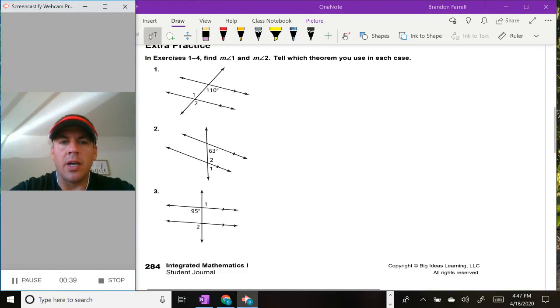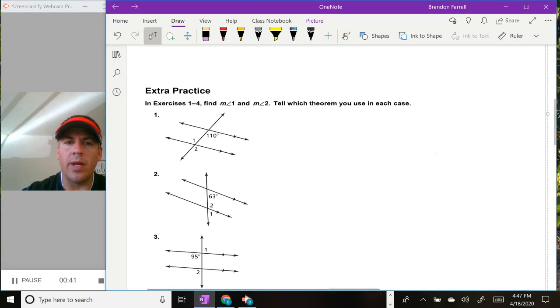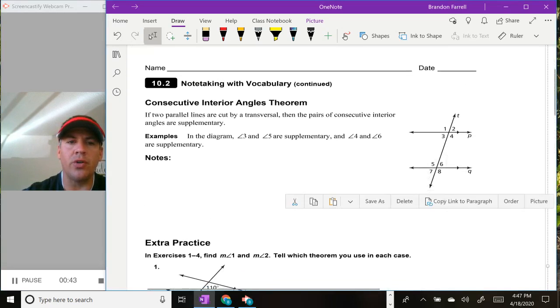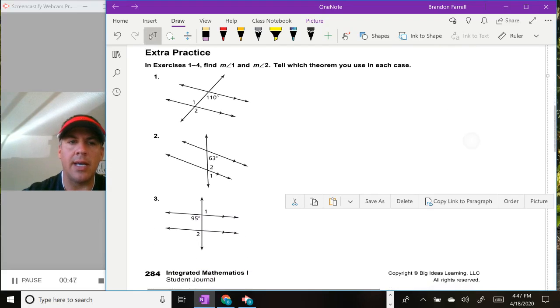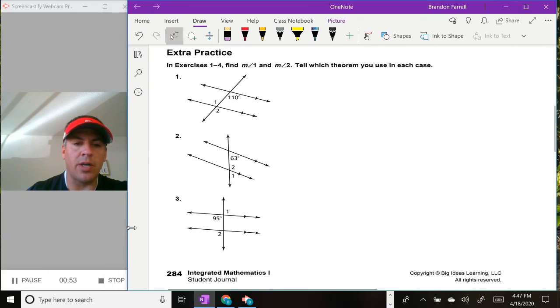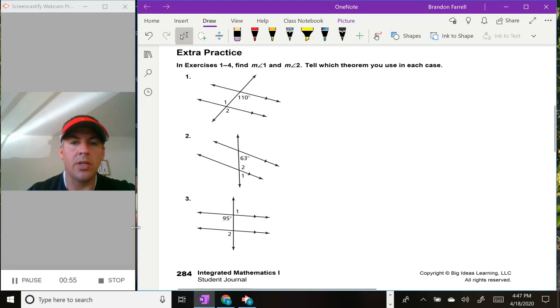Hi students, today we're going to be working with 10.2 extra practice. In today's lesson, if you've taken good notes, you will notice that we're going to try to find the measurements of some of the angles using some of the properties that we were introduced to in 10.1.